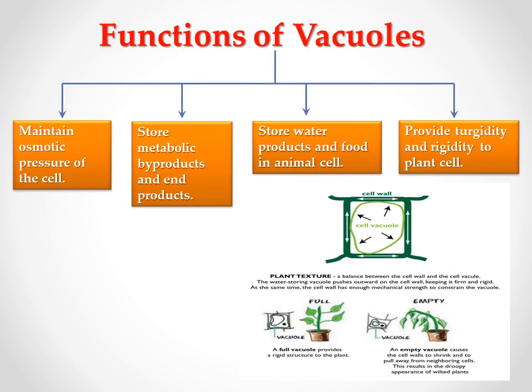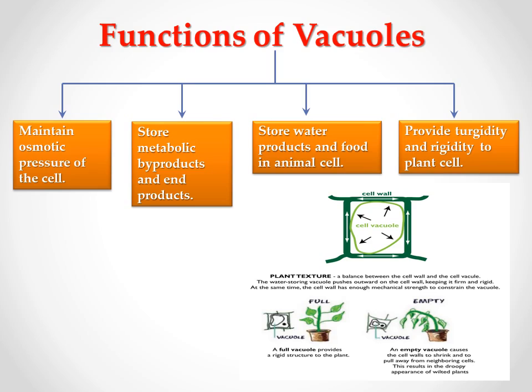Functions of vacuole. First, to maintain the osmotic pressure of the cell. To store metabolic byproducts and end products, that is the glycogen, proteins, water, etc. In animal cells, they store water, waste products and food, while in amoeba, it stores food before digestion.